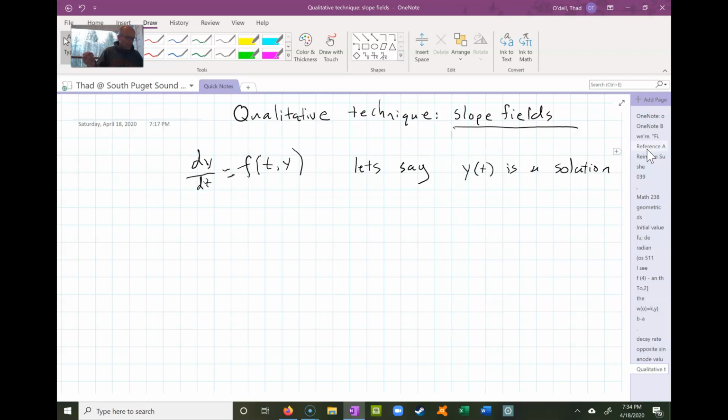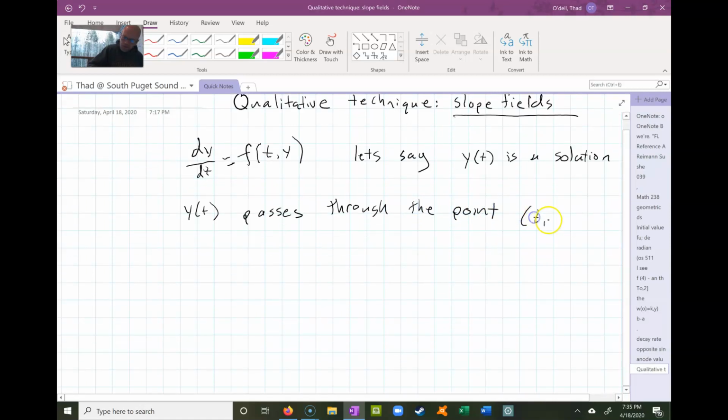That means that if we were to graph y(t), it passes through the point t sub 1, y sub 1.